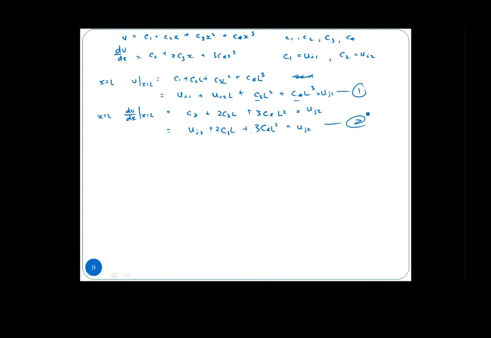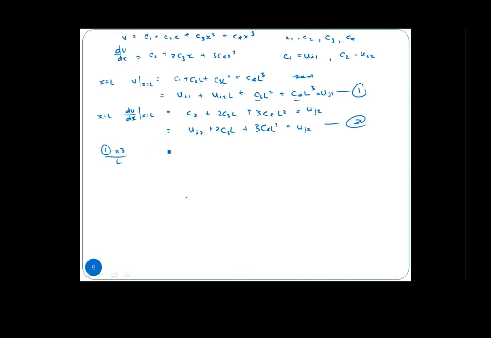So what we do is we put our equation number 1, multiply by 3, divide by L. We want to eliminate c4 in this case.